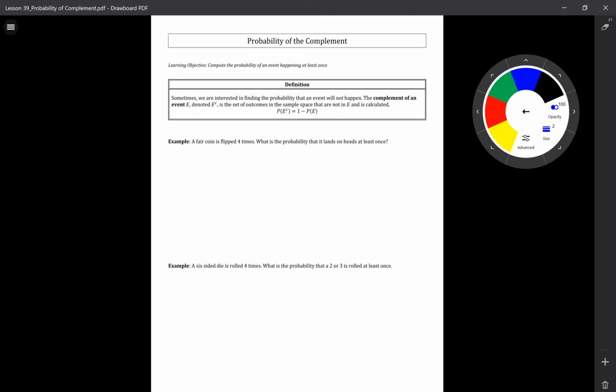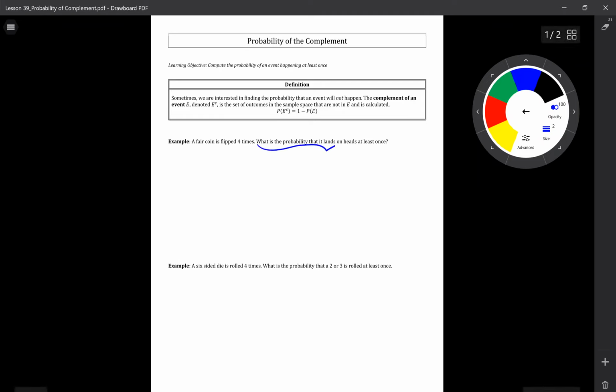So a fair coin is flipped 4 times. What is the probability that it lands on heads at least once? Since I'm flipping it 4 times, that's a lot of possibilities for my sample space, right? I will have 2 to the power of 4 possibilities for my four flips. So instead of finding the probability that it lands on heads at least once, that is the opposite of never landing on heads.